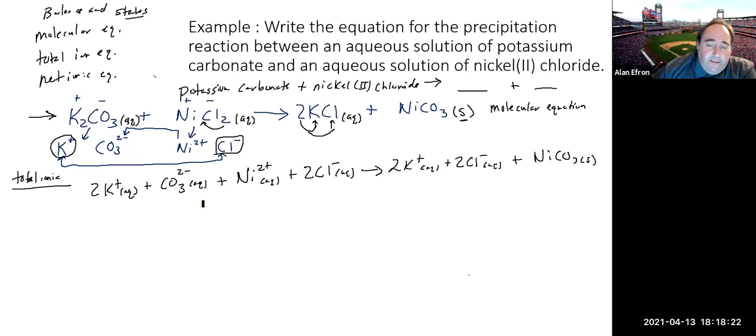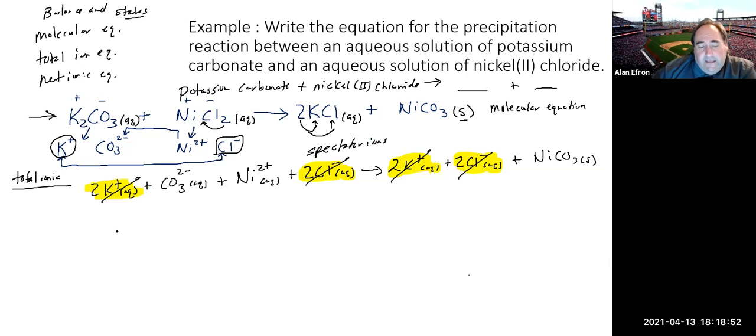Again, at this point, we want to look on both sides and find some ions that look the same. So I see a potassium there, see a potassium there. I also see a couple chlorides over here, and a couple chlorides over here as well. That means what we are left with is our spectator ions that we're going to cancel.